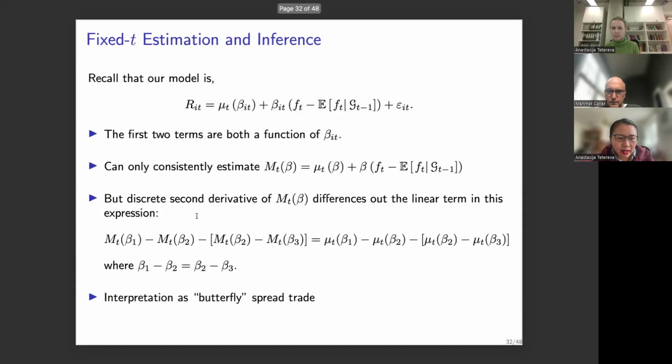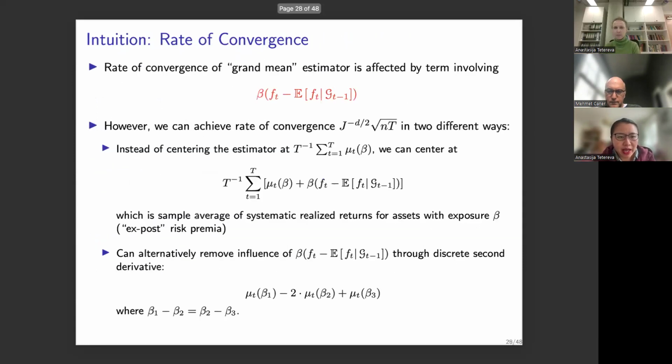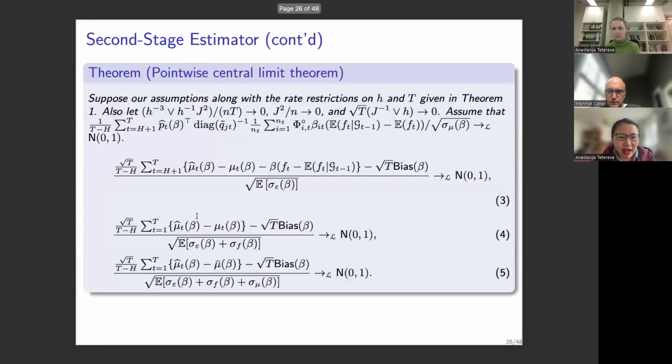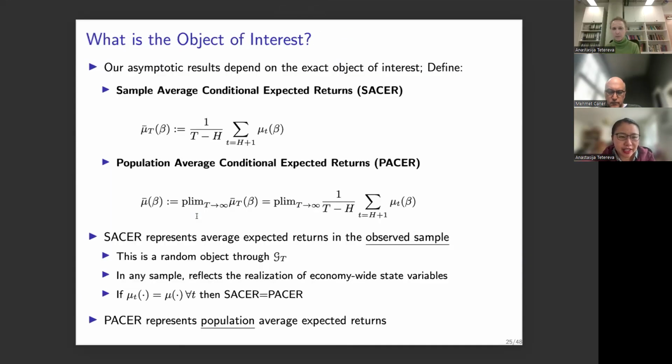I fit a mu t for each time, and I have no control about my portfolio, like which stocks enter the portfolio and the shape of this mu t, and then I'm taking an average.